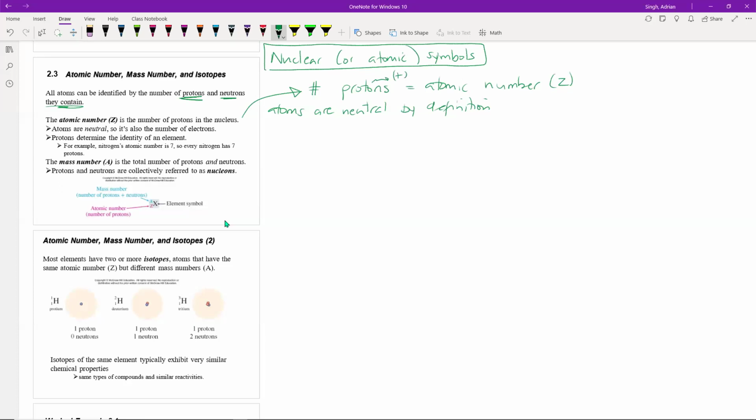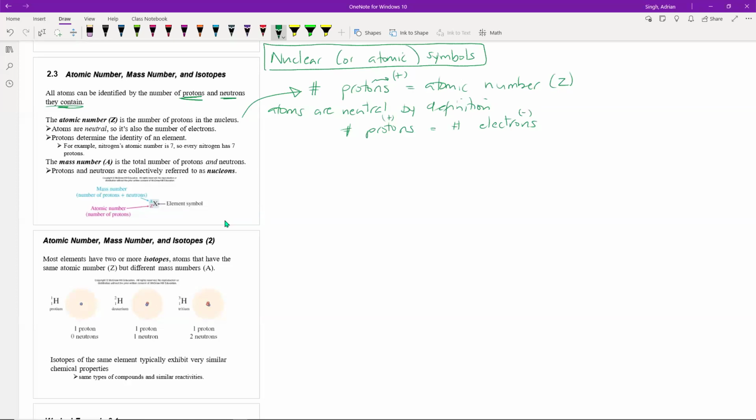And if atoms are neutral, there must be the same number of negative charges. So what in an atom is responsible for the negative charge? Well, that's the electrons. So for an atom then, the number of protons has to equal the number of electrons. So the charges cancel out. Positive charges from the protons cancel out the negative charges for the electrons.